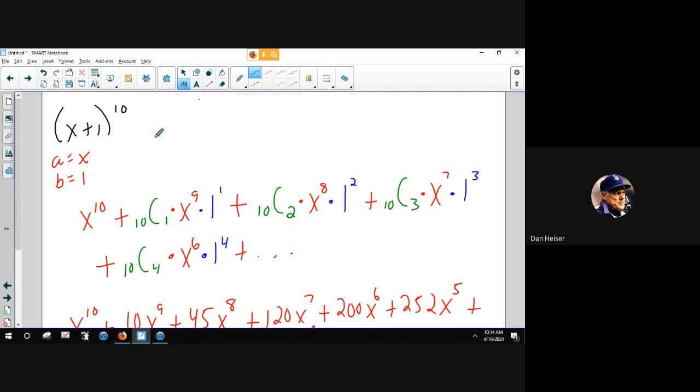And I want to highlight a few patterns that emerge when we do this. So let's look at the third term, for instance. 10C2 x to the 8th 1 squared. This is the third term.